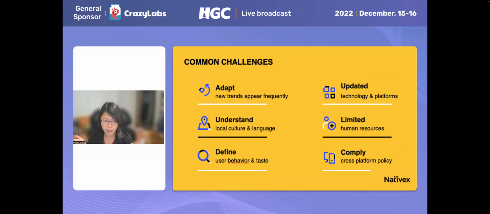Or even, let's say, the team is aware of everything as the marketing team. We know how to make things work. We might still suffer from limited human resources to make all these things happen. And sometimes it involves compliance with different local platform policies as well.